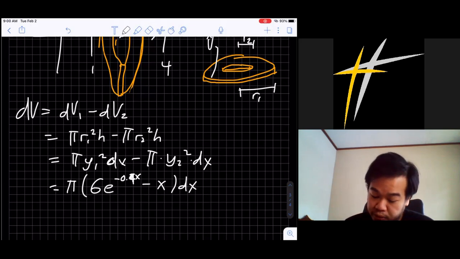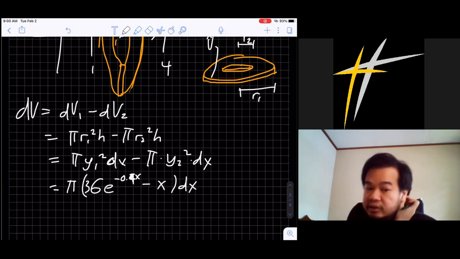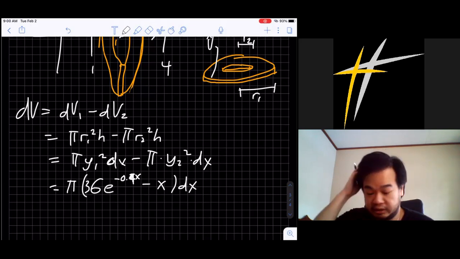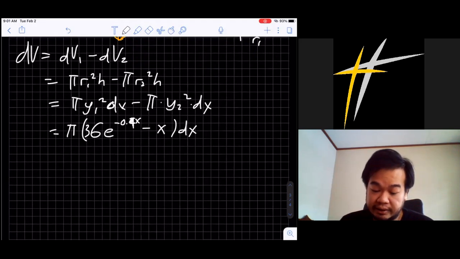Well, it's supposed to be 36. Don't forget, because 6e power of negative 0.2x being squared is 36 e power of negative 0.4x. Yeah, I hope you still remember. It's algebraic operation.